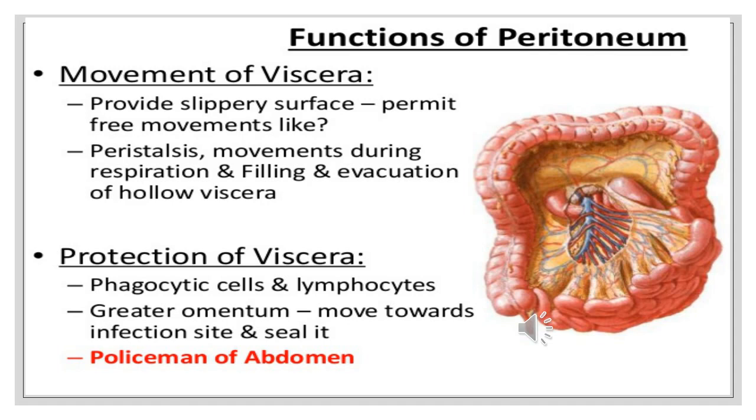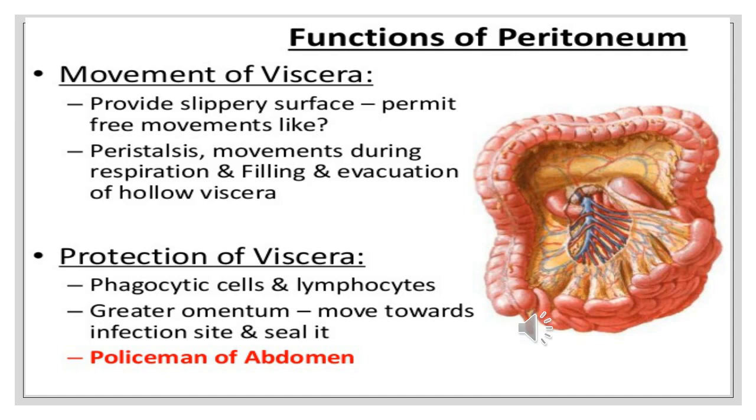The other function of the peritoneum is the protection of viscera. The peritoneum contains various phagocytic cells and lymphocytes. Phagocytic cells guard against infection. Lymphocytes present in normal peritoneal fluid provide both cellular and humoral immunological defense mechanisms.